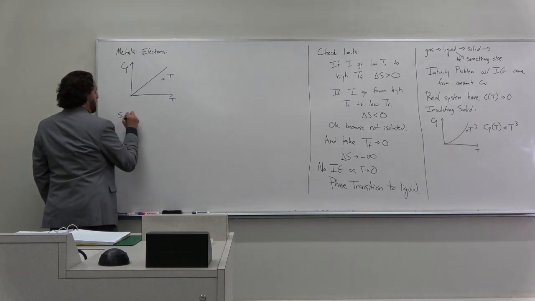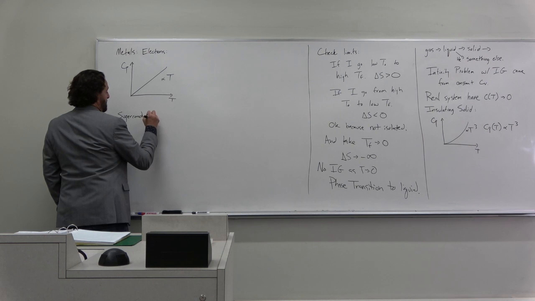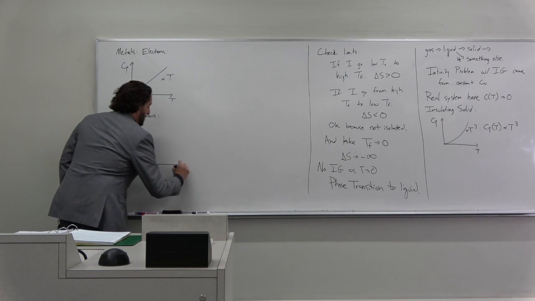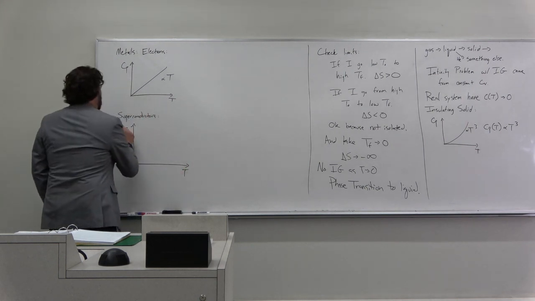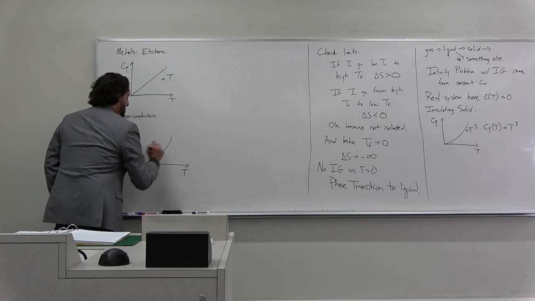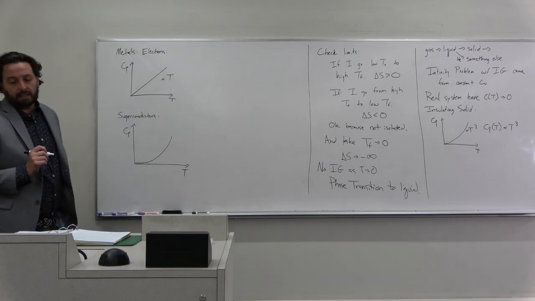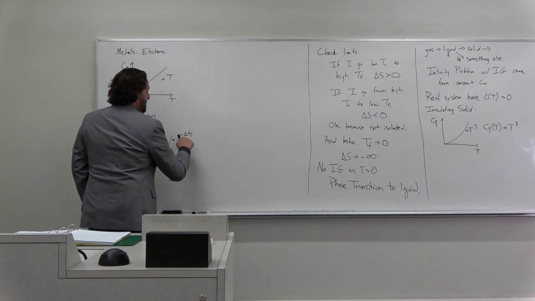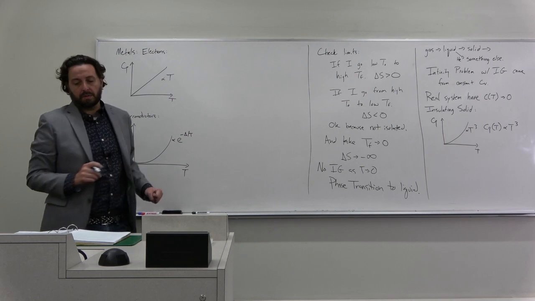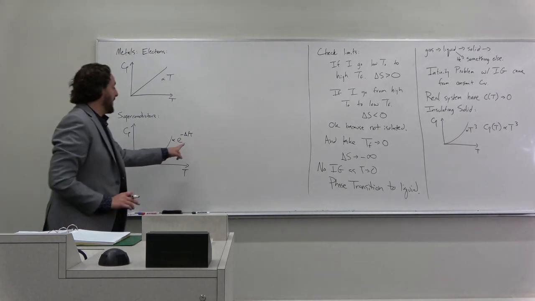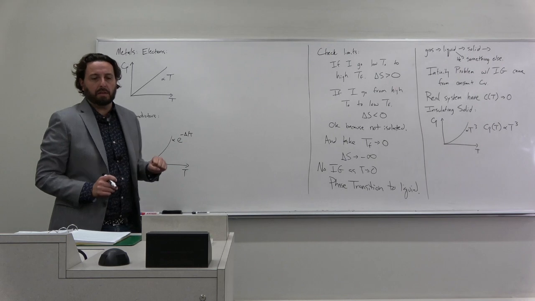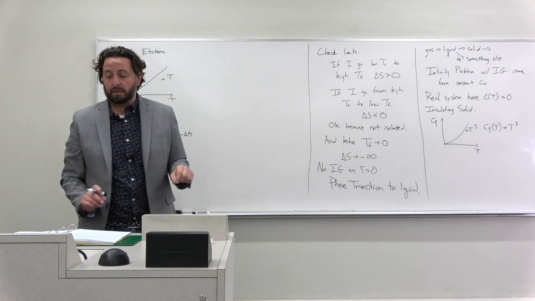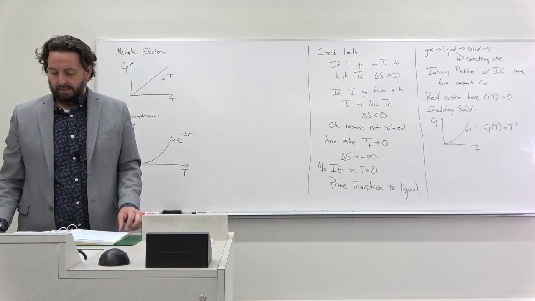And superconductors and superfluids have a heat capacity that varies with temperature exponentially. So it goes like e to the minus some quantity, let's call it delta, over the temperature. And so the entropy goes down very fast, and that's going to solve our infinity problem. Okay, so next time we're going to look a little bit more at this, and think about what happens in these kinds of examples.